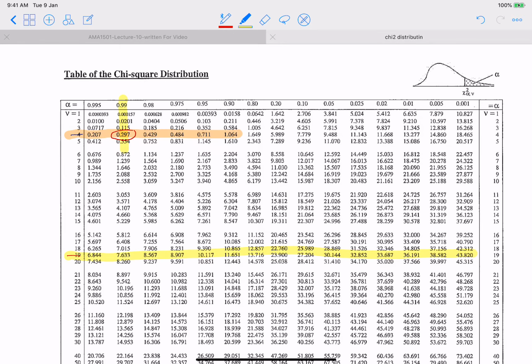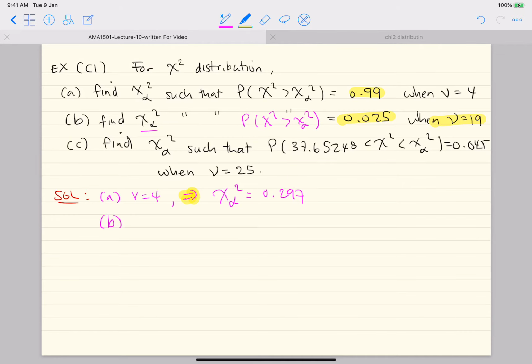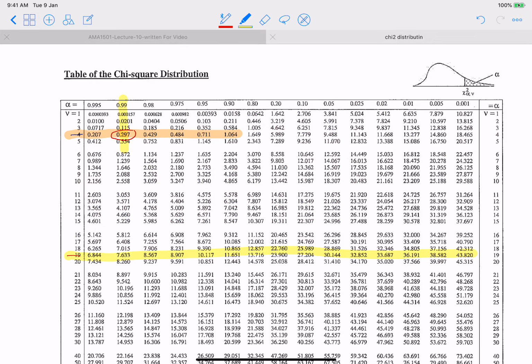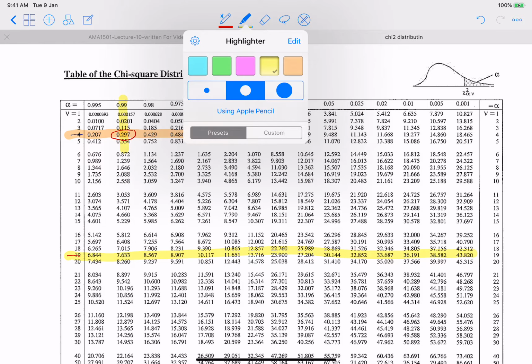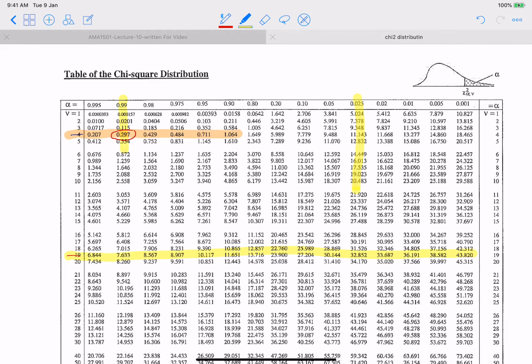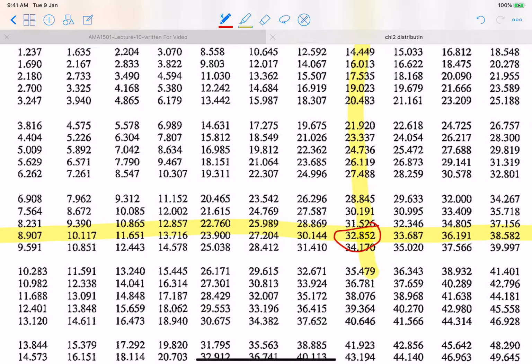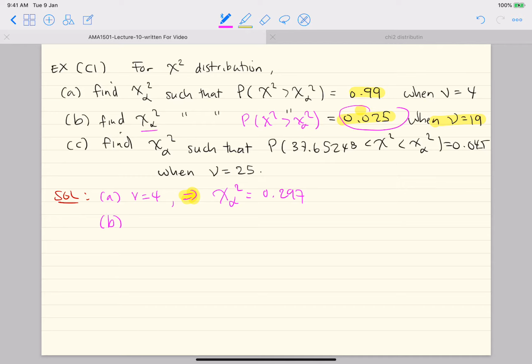Then we look for alpha equal to 0.025. It's here. You go down, and the intersection is 32.852. So chi alpha squared here is 32.852.